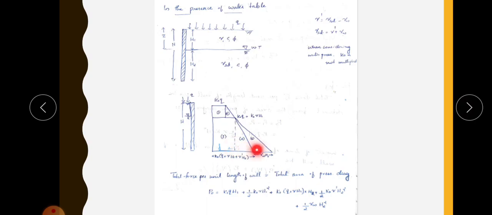K naught into the unit weight, which will be the submerged unit weight gamma dash because there is a water table here. So K naught into gamma dash into this height h2. This is the lateral pressure due to this soil for a height of h2, and I have drawn this also.